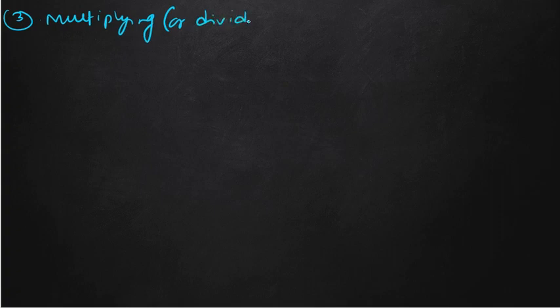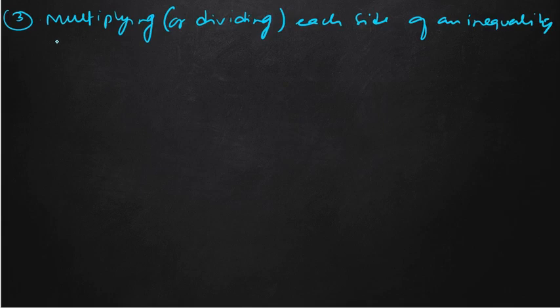Okay. Now if we move to the third property, it says that multiplying or dividing each side of an inequality, or inequation we can write, by the same positive number does not change the inequality.